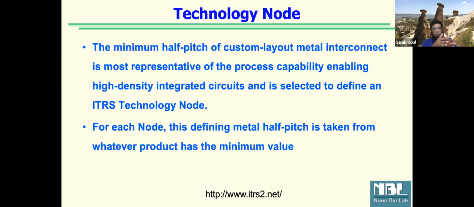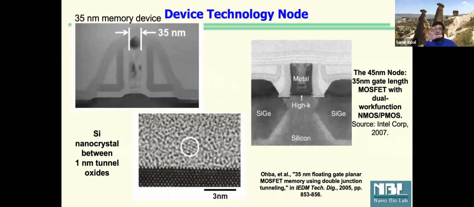It's not exactly double, but that's what we call half pitch: how close can you make things next to each other? So we use that number to understand the density of a given circuit. And this comes from here. You make things small, but how close can you make things next to each other? Right? With me on the definition.